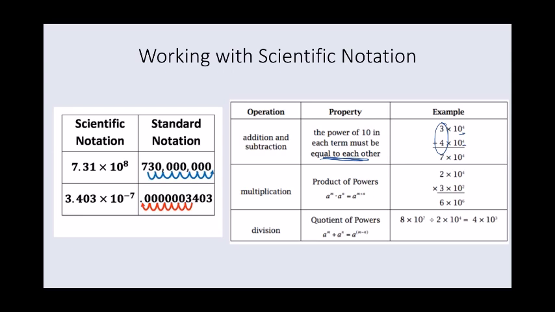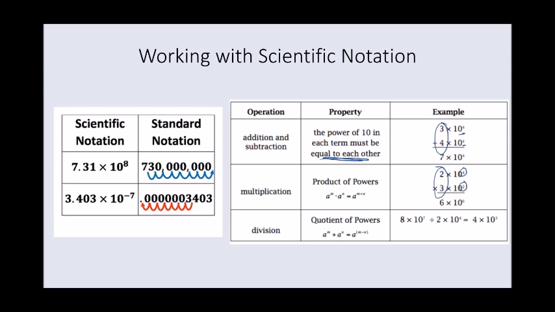With multiplication, you don't have to do this. But what you'll do is you'll just add the powers together to get a new exponent. So you would multiply these numbers normally, and then you just add the exponents. So 4 plus 2, that gives you 6.